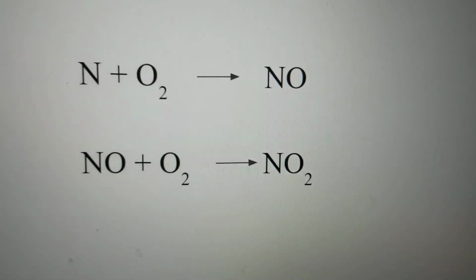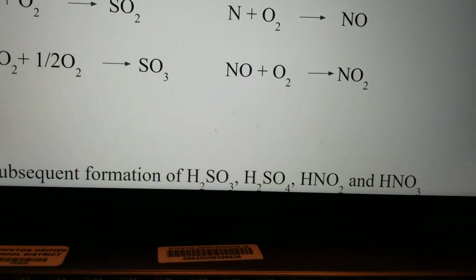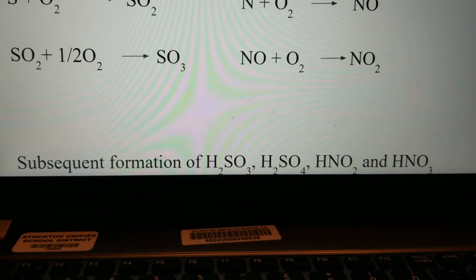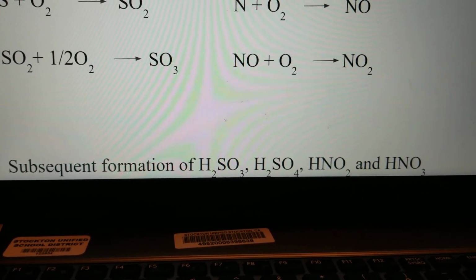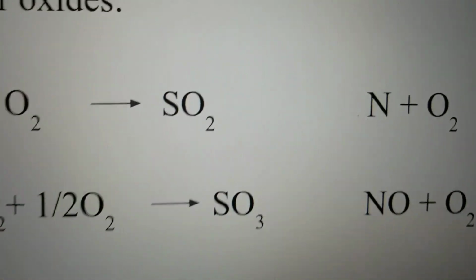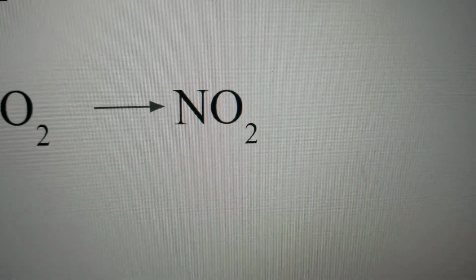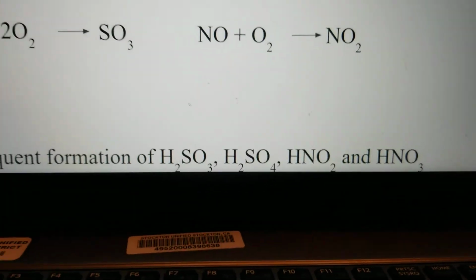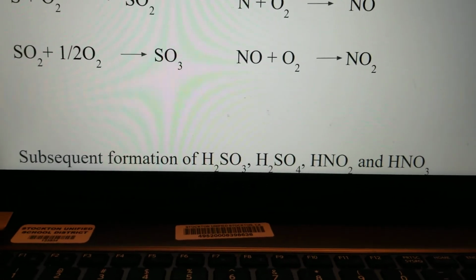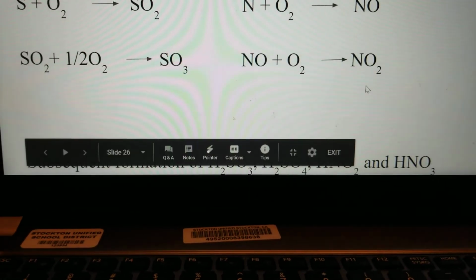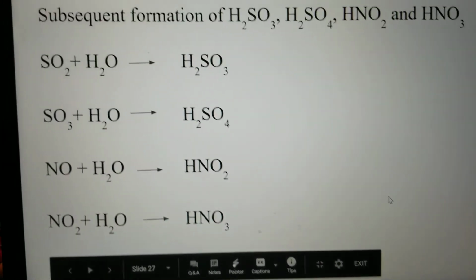Nitrogen oxides, okay? And then on the bottom here, it says subsequent formation of those four acids. So once you have SO2, SO3, NO, and NO2, then in the next reactions, they form the four acids. And there are the reactions for those.